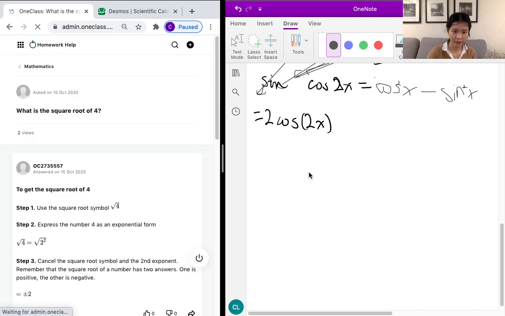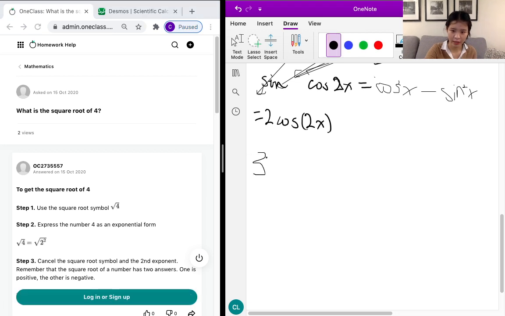Okay, our third problem for today is asking us what is the square root of 4. We know 4 is a perfect square, so directly we know the square root of 4 is equal to 2. And not only is positive 2 times positive 2 equal to 4, negative 2 times negative 2 is also 4, because a negative number multiplied by a negative number is a positive number.